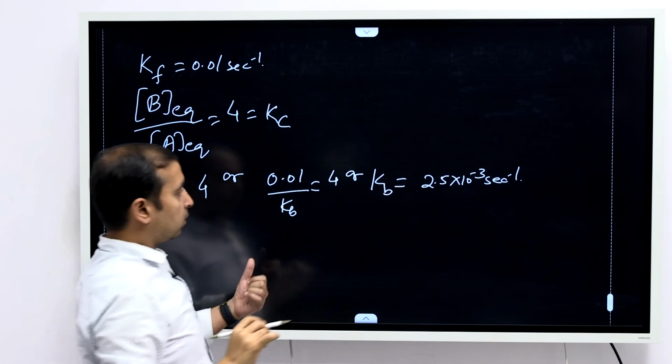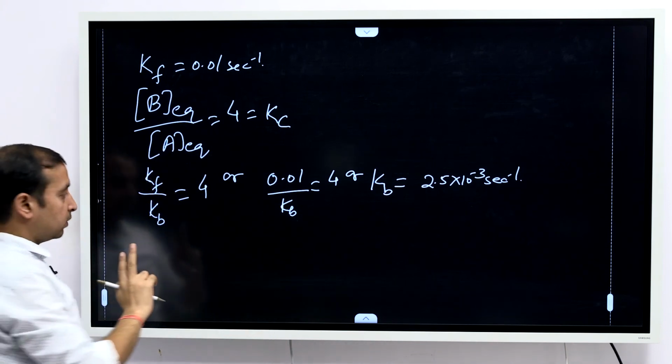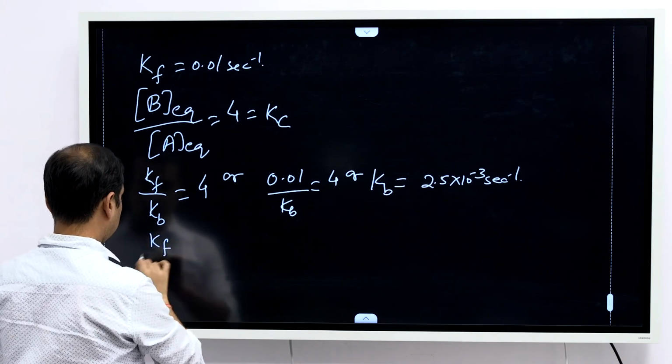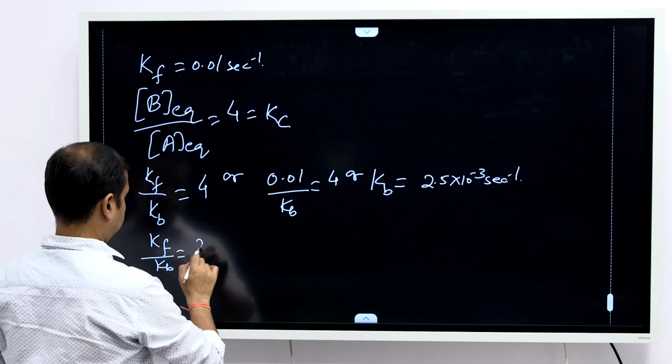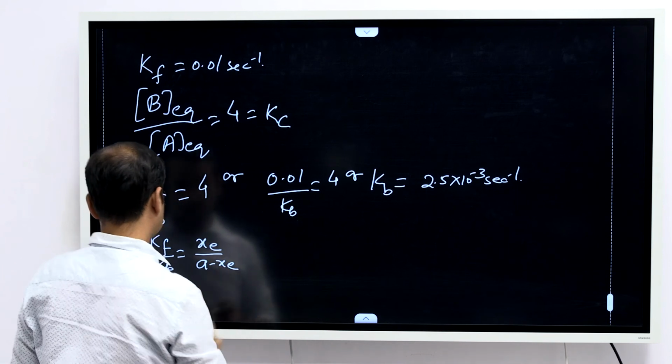So we know the value of Kf, we know the value of Kb now. Now the only value that we need is Xe. So Kf upon Kb is equal to Xe upon (A minus Xe), we know this.